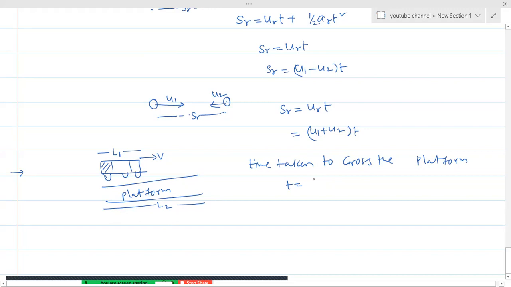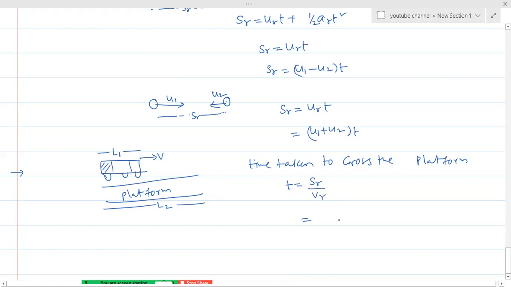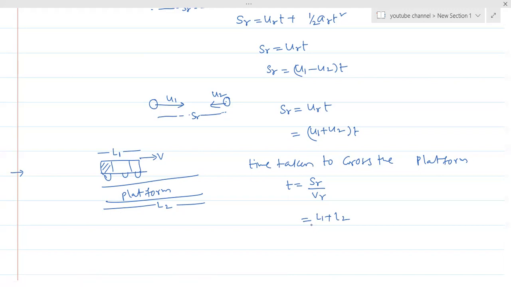So that's why we will write T equivalent to relative separation by relative velocity. Relative separation is nothing but we need to add L1 plus L2, always, whether it is crossing the platform from left to right or right to left. So then there will be no difference.